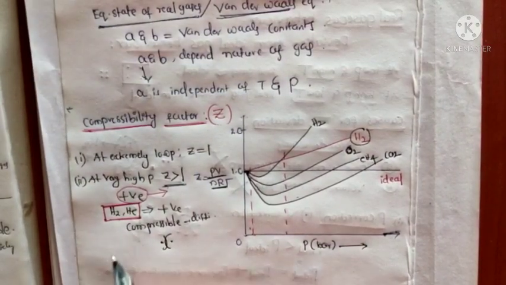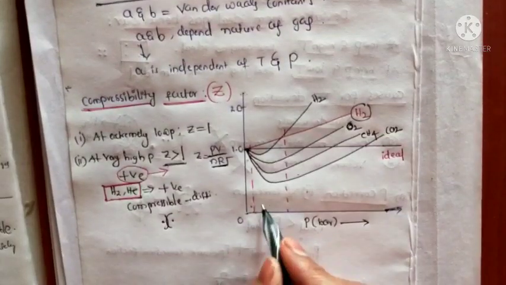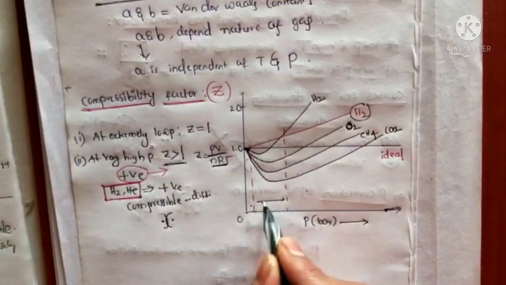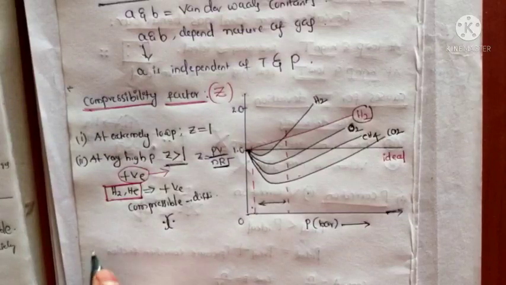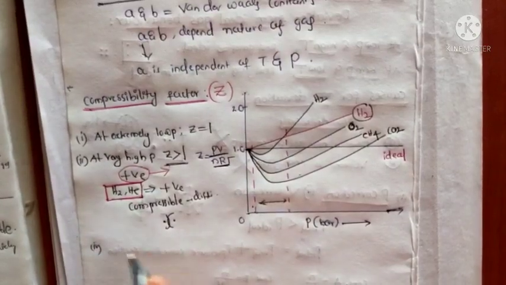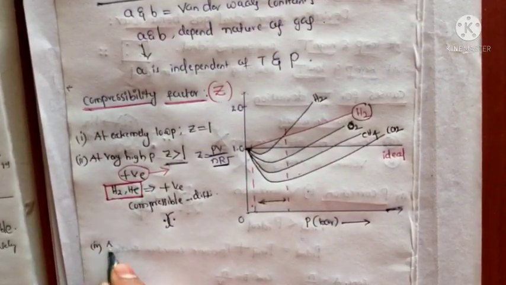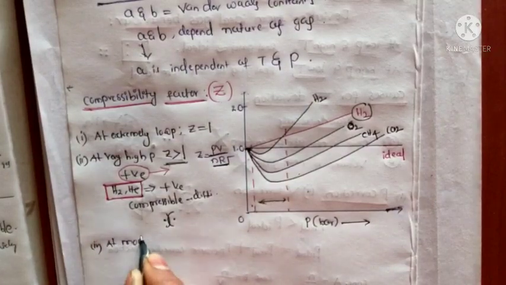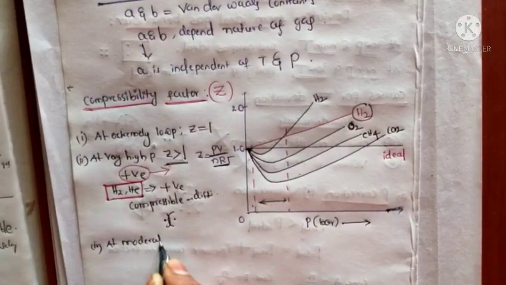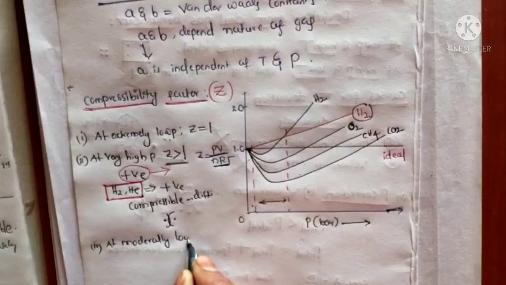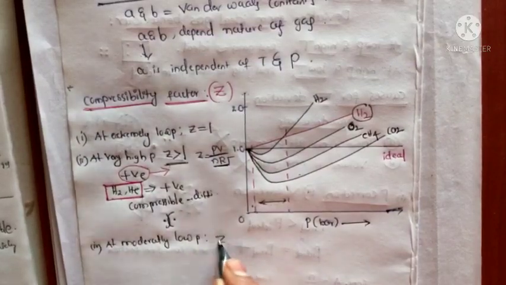Okay, and next one is at moderate pressure. At moderately low pressure, what happened? Z is less than 1.